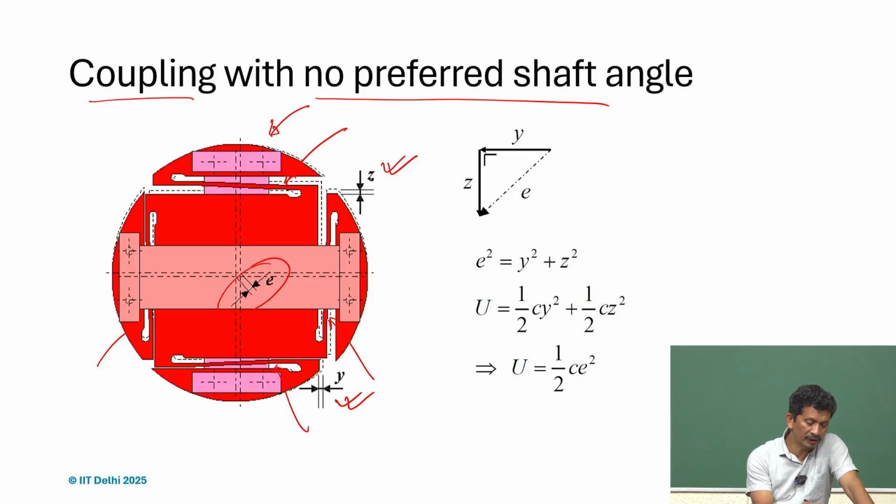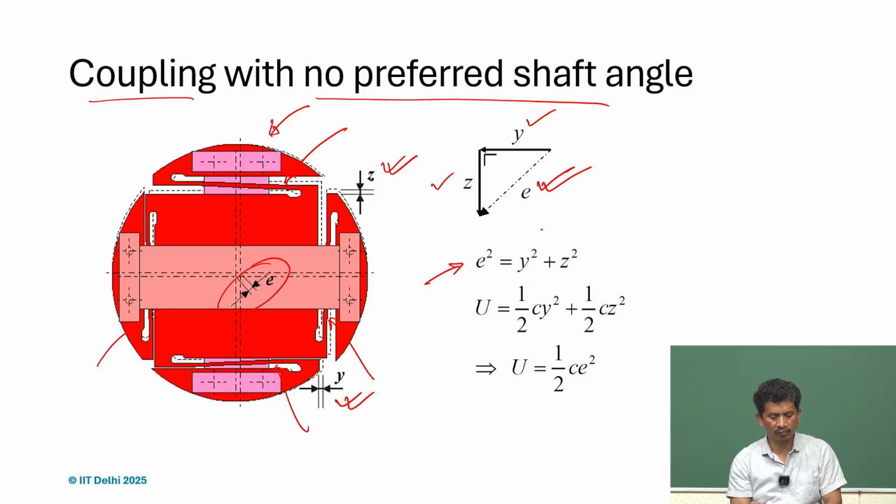But we also know the total eccentricity, by the Pythagoras theorem, E square is equal to y square plus z square. And if the stiffness of these individual wire flexures is the same, with the same length, area of cross section and material, since it is made out of a single sheet, then C will be the same in both cases.